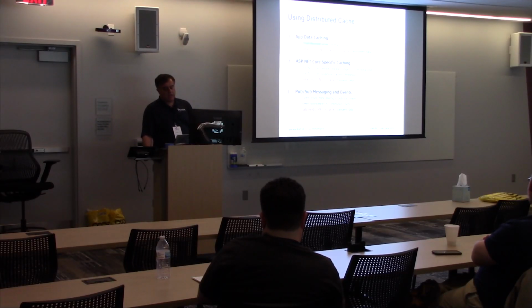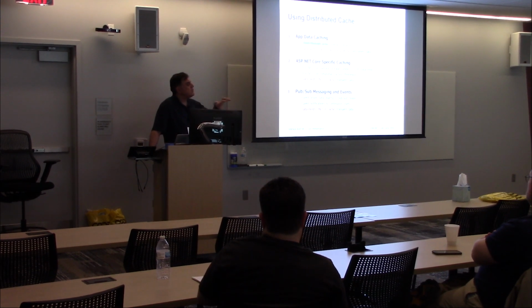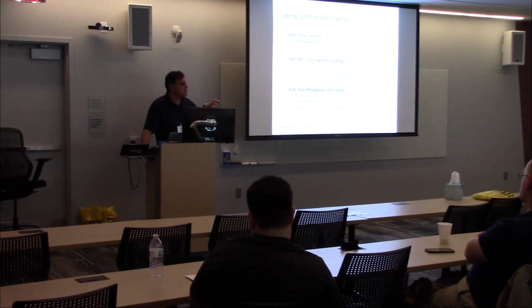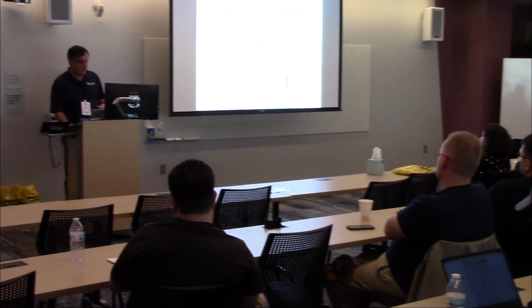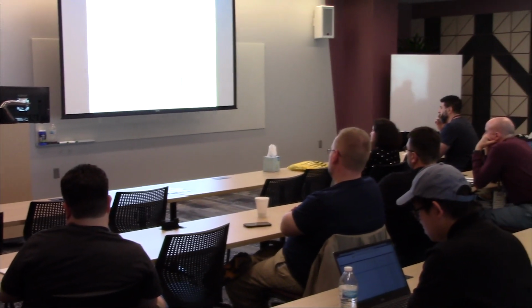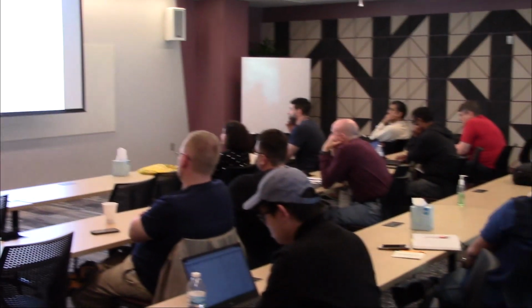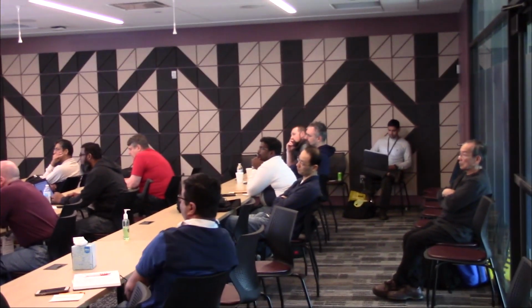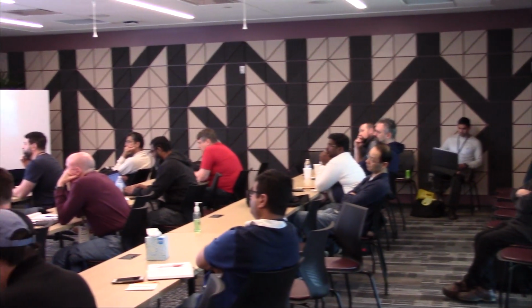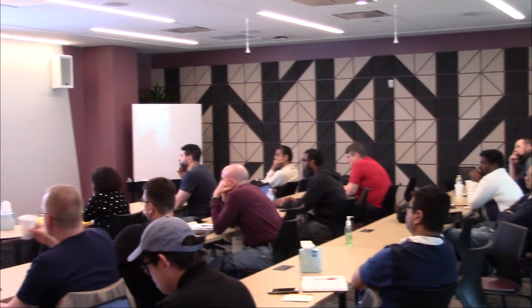So ASP.NET Core response caching has a middleware concept, and you can plug in a distributed cache like NCache as a middleware, which basically lives on the same tier as the ASP.NET Core application. The middleware cache could be here, and here's the actual ASP.NET Core application. So that's the second common use case for distributed caching.